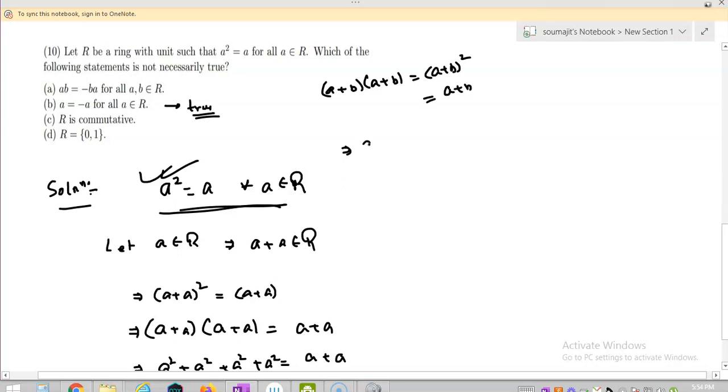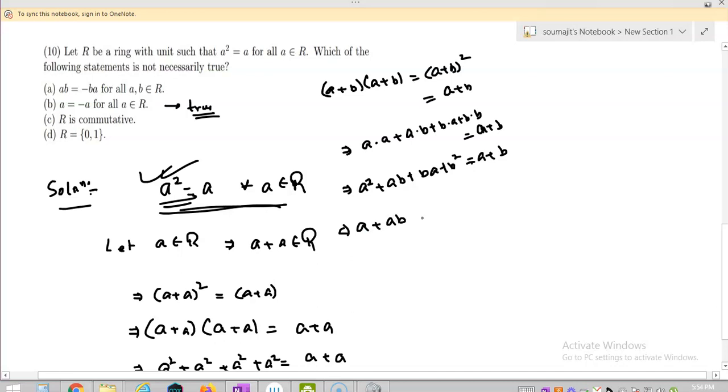Multiplying this, I can write A into A plus A into B plus B into A plus B into B is equal to A plus B. So A squared plus AB plus BA plus B squared is equal to A plus B. Using this property again, I can write A in place of A squared and B in place of B squared. So A plus AB plus BA plus B is equal to A plus B.